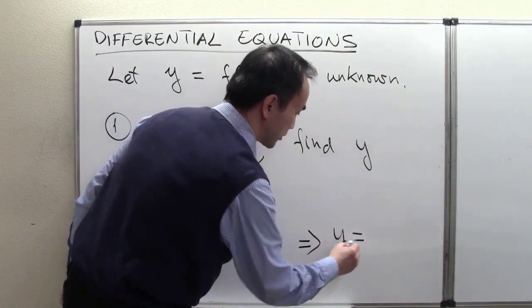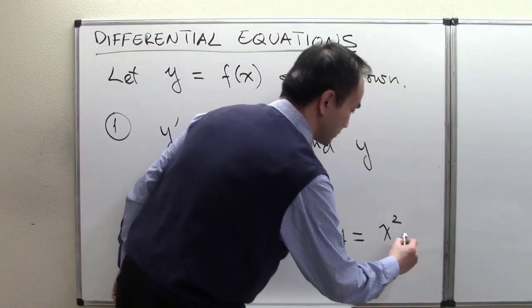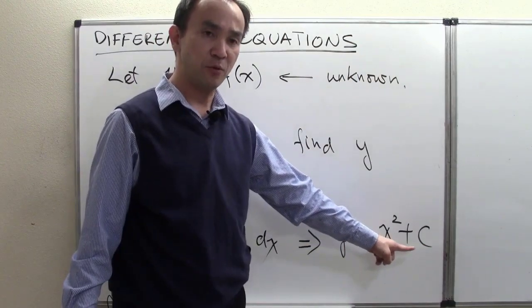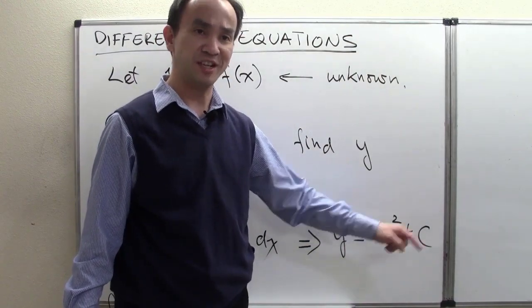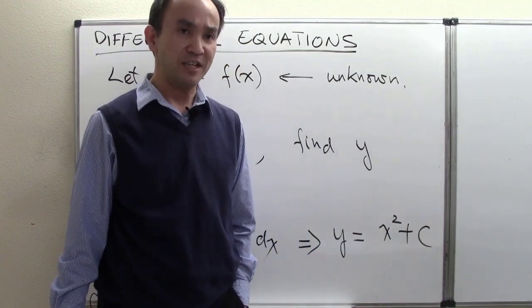From our Calculus 2 understanding, y comes out to be x squared. And anyone after learning Calculus 2 should be familiar that you are required to put a plus c here, indicating that we have a whole family of antiderivatives.